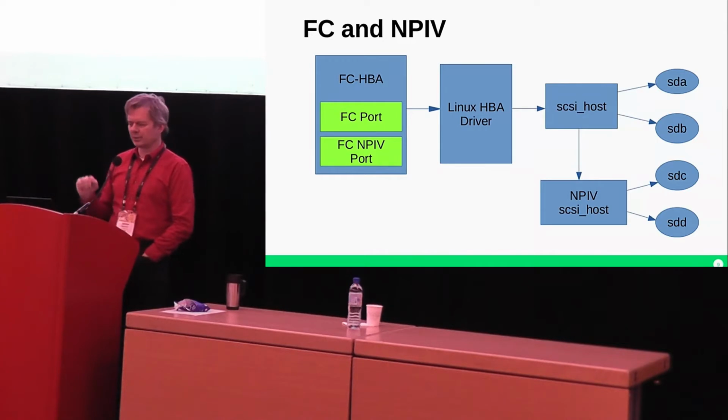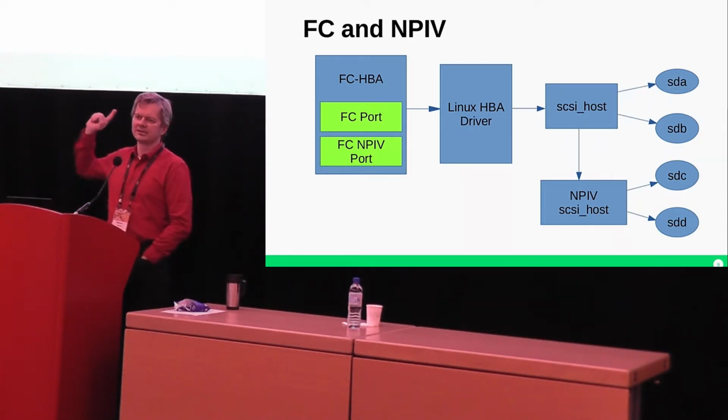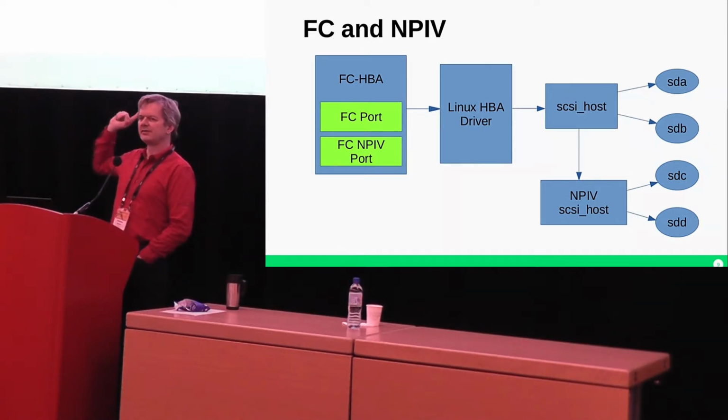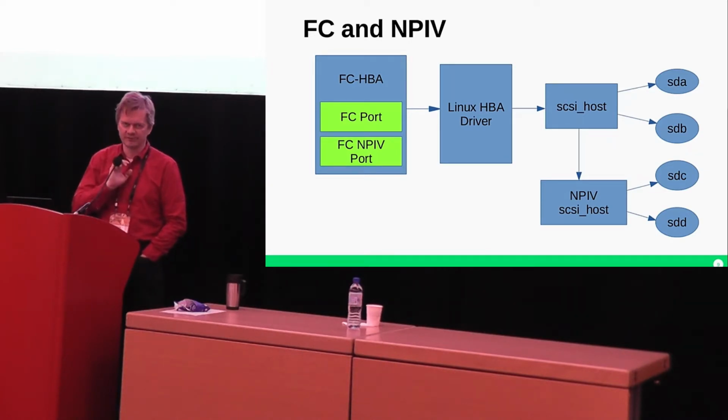Why is that important? Well, the point here is the HBA driver is the same. This will not duplicate, so we only will have one HBA driver and one instance of the HBA driver.